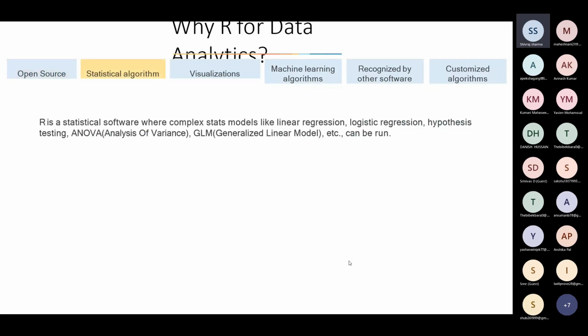Second, R is a statistical software. It means it works on statistics, right? Where complex statistical models are involved.